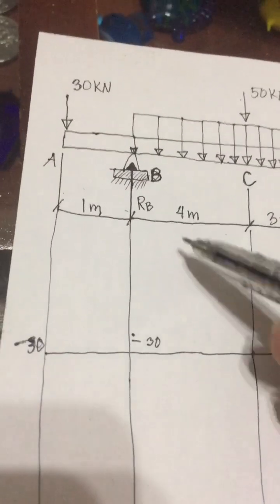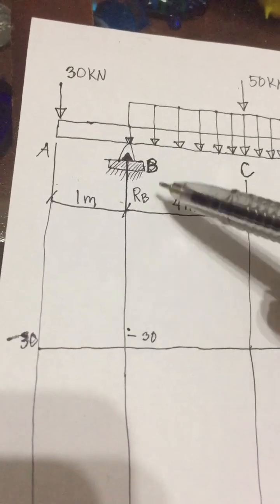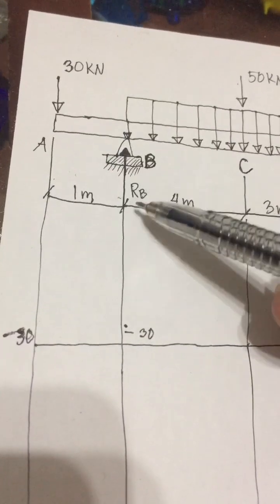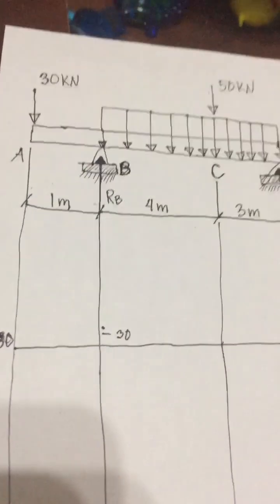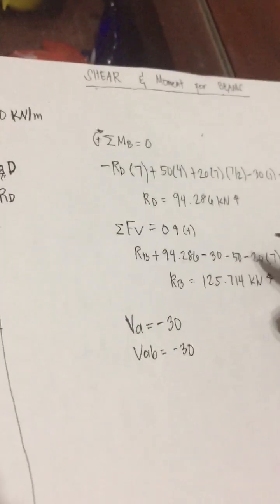For the shear load at B, we have the value of RB, our reactive force, which is 125.714 kilonewton.